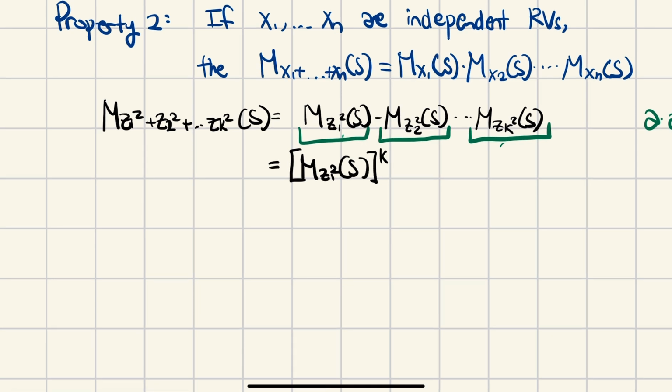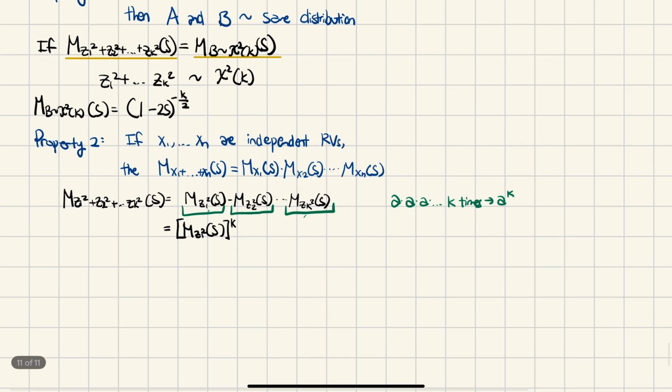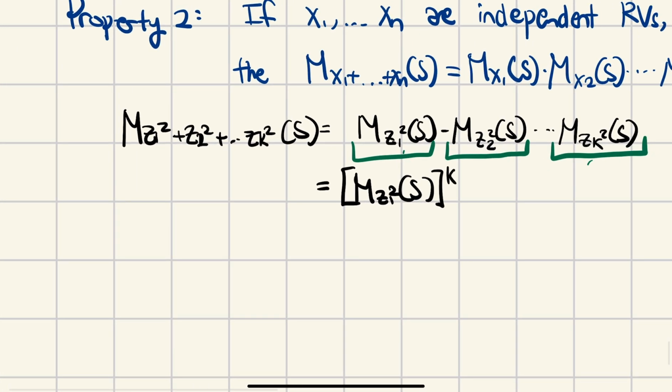Multiplying them k times is the moment generating function of one of them to the exponent of k. Okay, so now we just have to find the MGF of z1 squared.